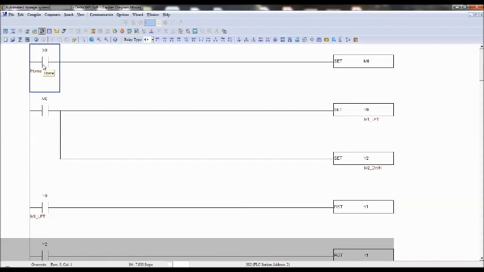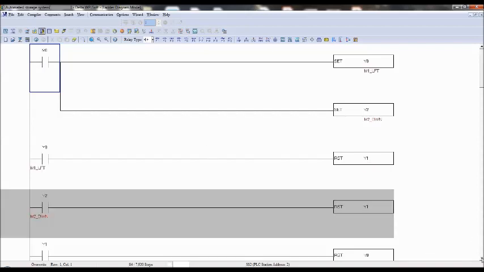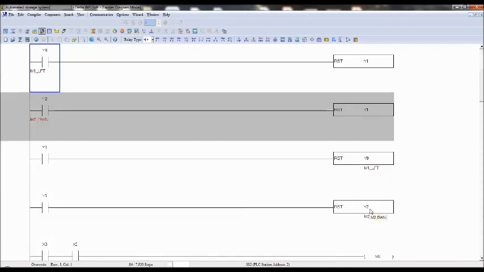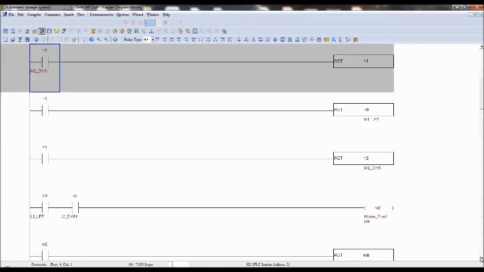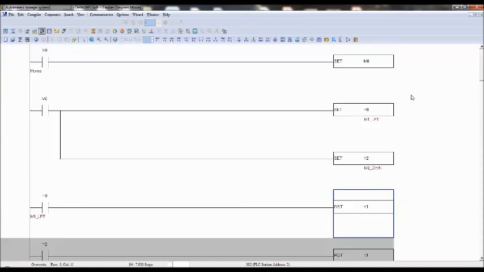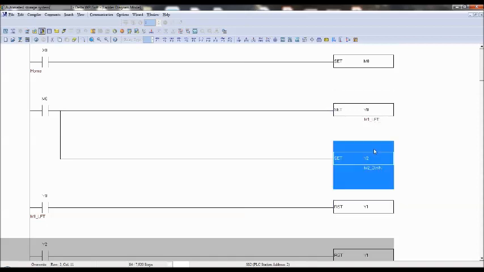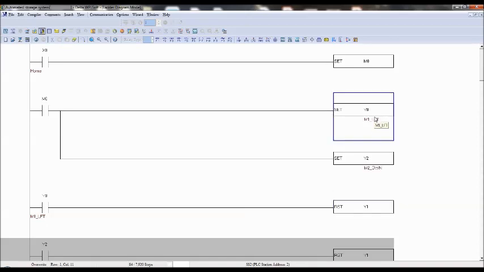Even if you press it continuously, whenever M2 is on, it resets M0. If M0 is reset, the motor cannot move in the left direction or the downward direction, so both are off. Once it has reached the home position, it stops rotating. This is the significance of the home position switch.